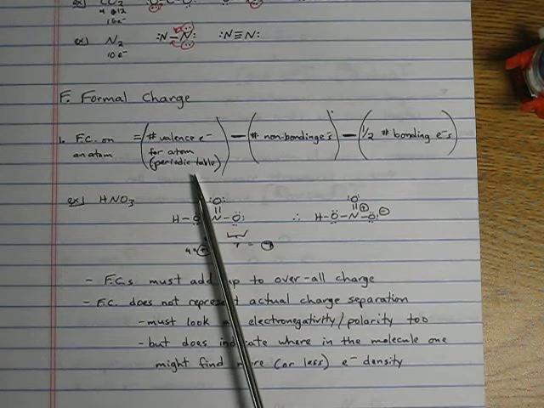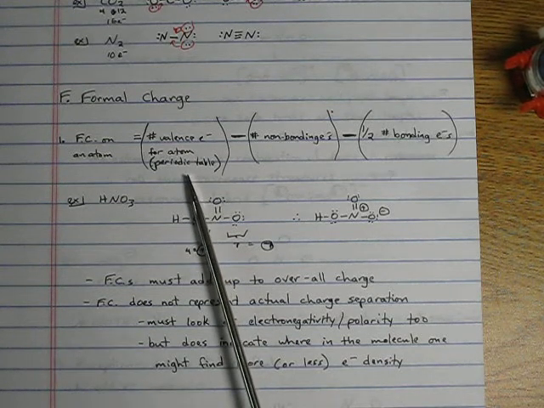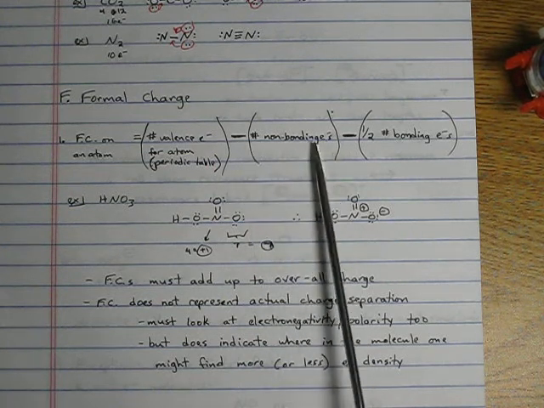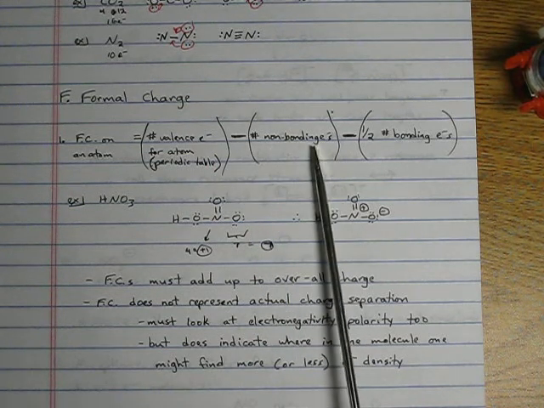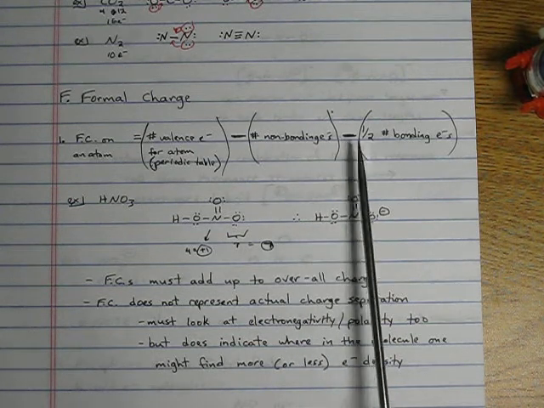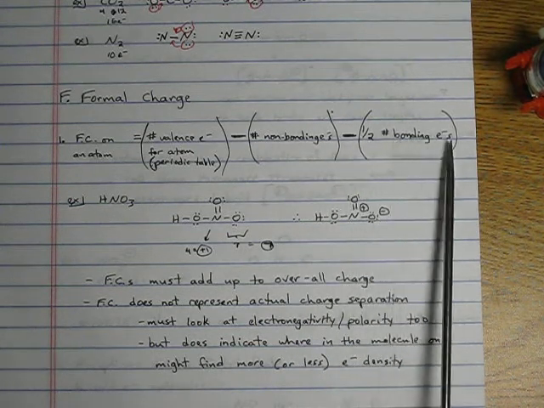For example, carbon has 4 valence electrons according to the periodic table. You subtract from that the number of non-bonding electrons, the number of lone electrons in lone pairs, and then you subtract from that half the number of bonding electrons.